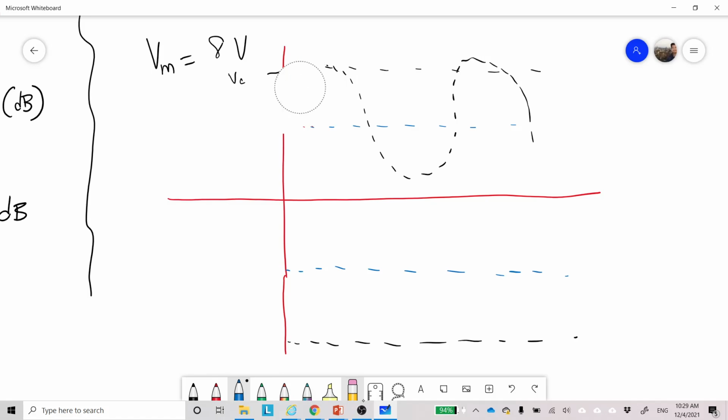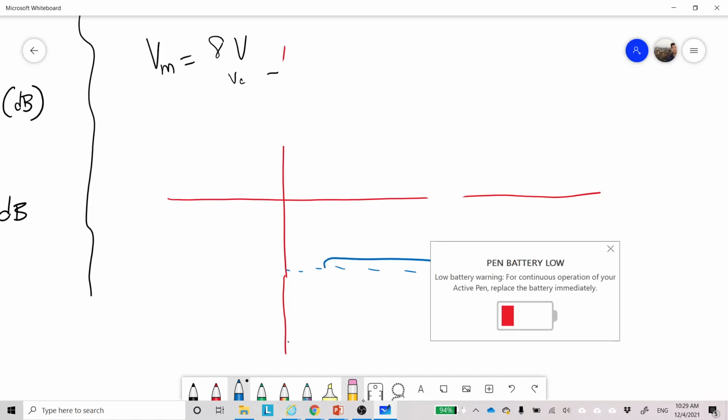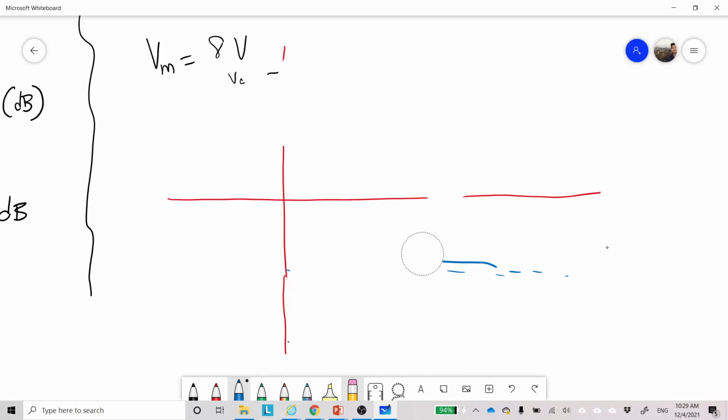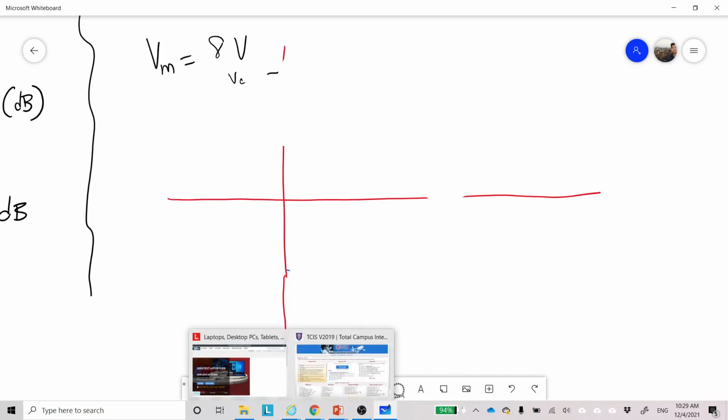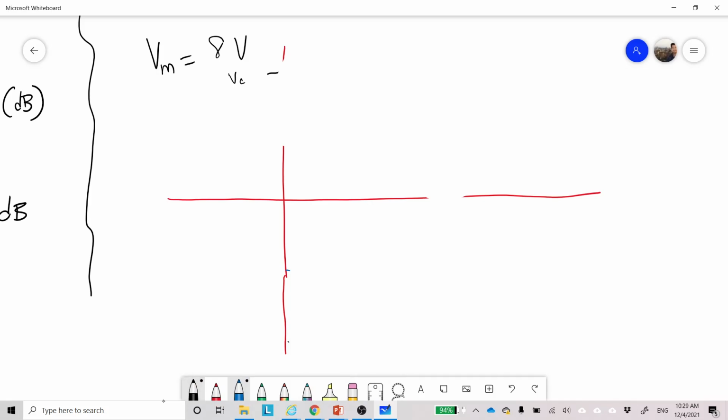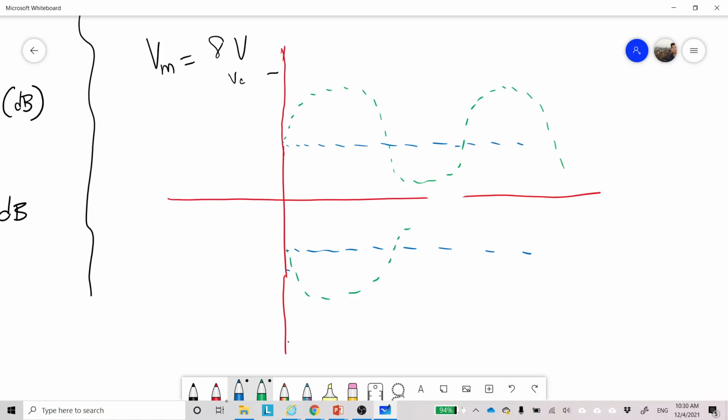Okay, saya padam balik. Okay, I draw the imaginary line.